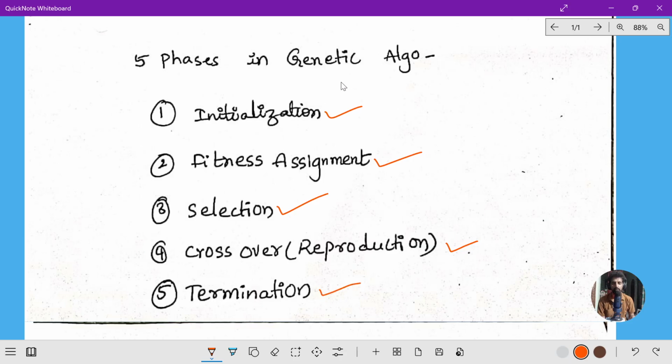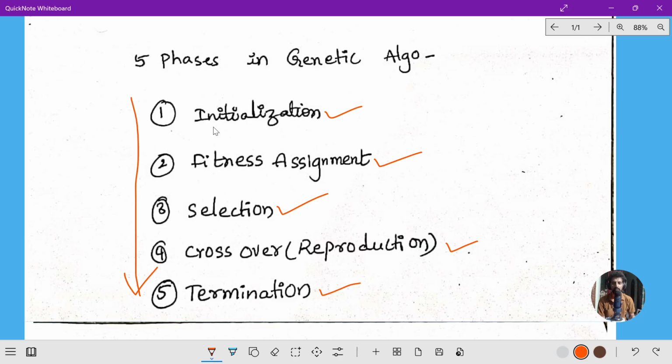To work with the genetic algorithm, it is mandatory that we follow these steps. After initialization, we go for fitness, after fitness we go for selection, after selection we go for crossover, and finally we complete with termination. Remember, crossover is also called reproduction. Let us see them one by one now.